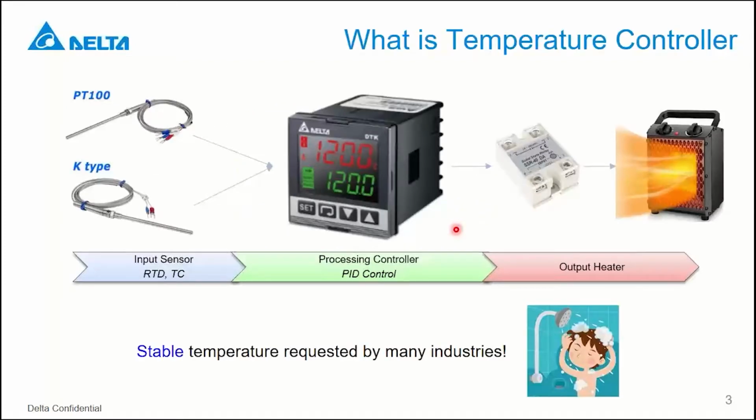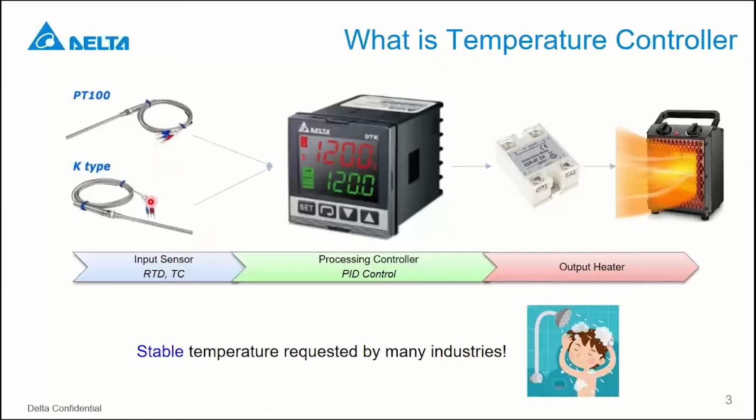Okay, next one. So I think most of the attendees know very well what a temperature controller is, but I still want to introduce it again in case someone doesn't know. So basically, there's an input sensor here at the beginning to detect the temperature.